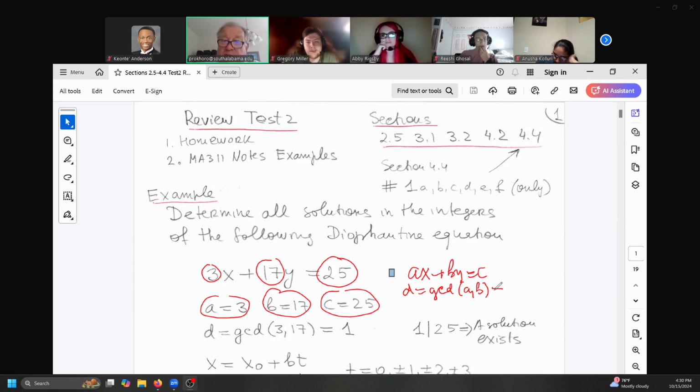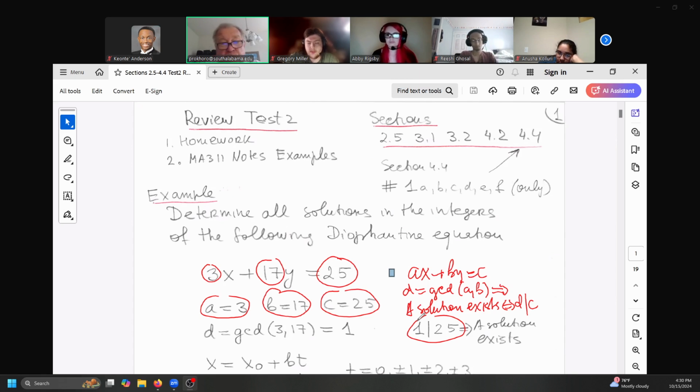So we can expect that a solution exists if and only if c is divisible by d. In this case, d equals the greatest common divisor of 3 and 17, so d equals 1, and of course 25 is divisible by 1. So a solution exists.